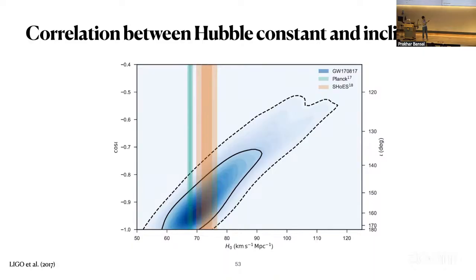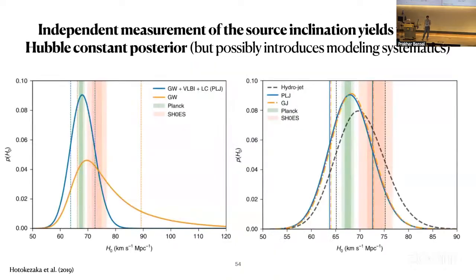But there's this tail because we can't constrain the inclination that well towards more edge-on systems, which would be at higher distance, and therefore higher values of the Hubble constant for a fixed redshift. What this implies is that if you have an independent measurement of the inclination of the source, you can then get a tighter posterior on your Hubble constant for that event.